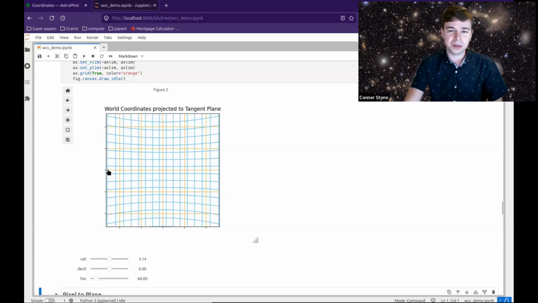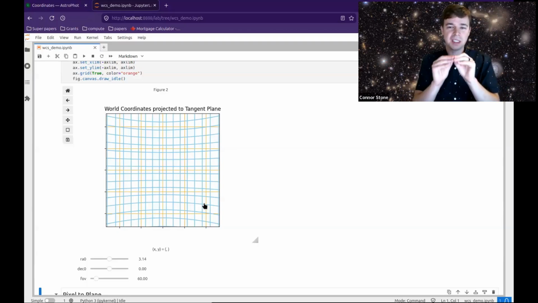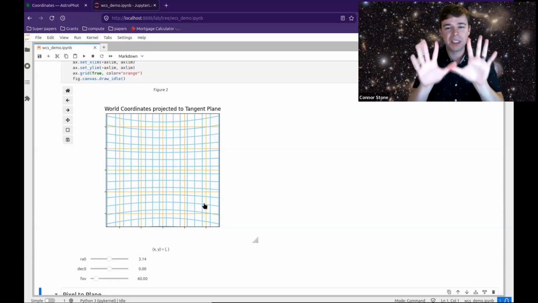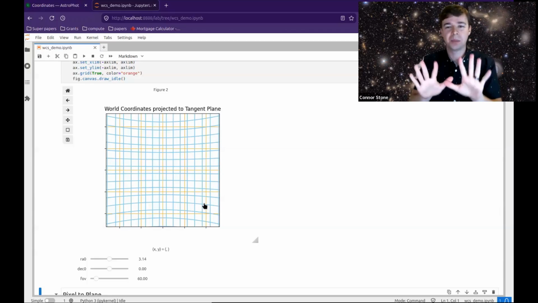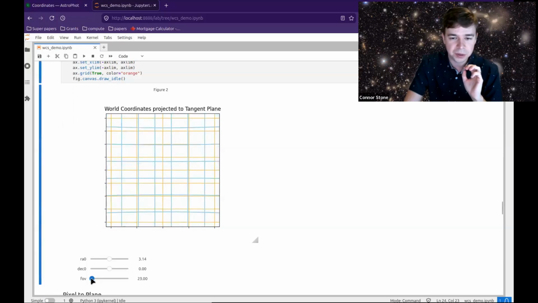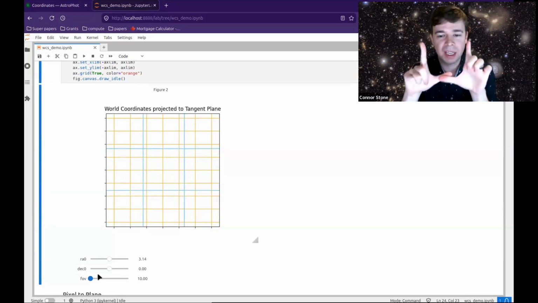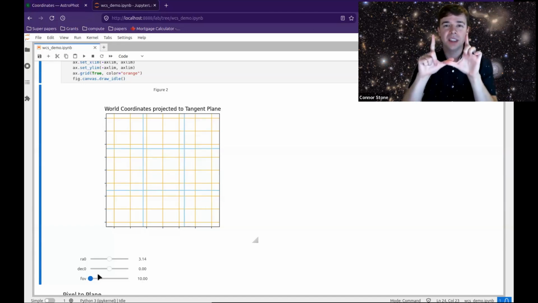And then in blue, this is what the celestial sphere coordinates are that have been mapped into our tangent plane. And you see, if we make the field of view really small, so essentially we're zooming in onto a small spot of the world coordinate system and the tangent plane, we're zooming right in.